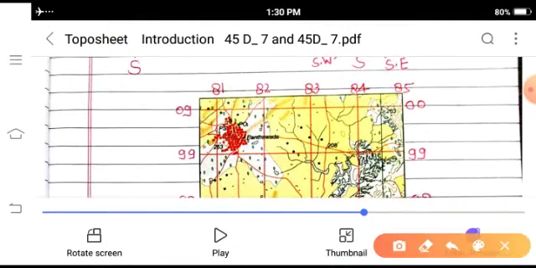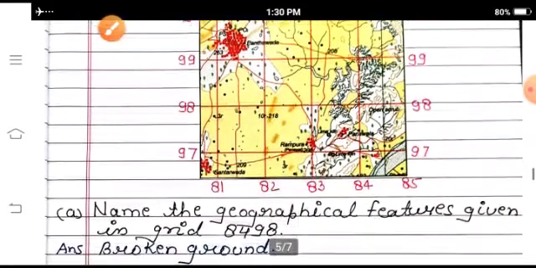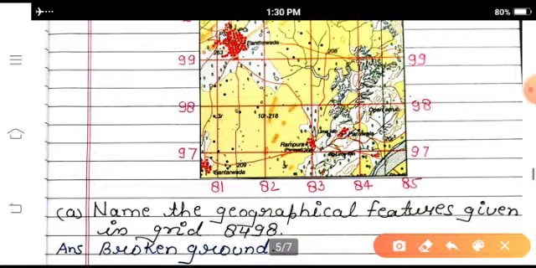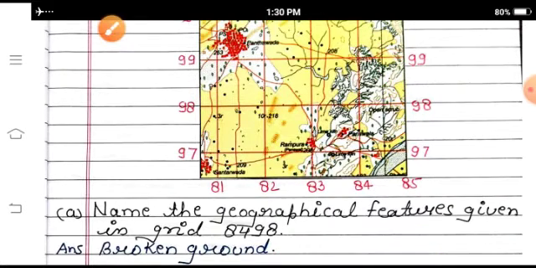Grid 84 means this line, and 98 is there. We take 98 as the base point. In grid 84 98, the black marks and broken grounds are there, so it represents broken ground.